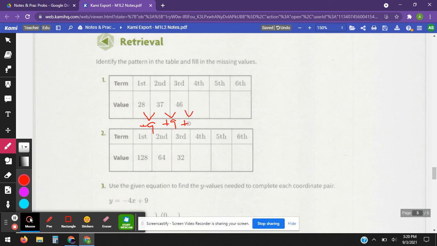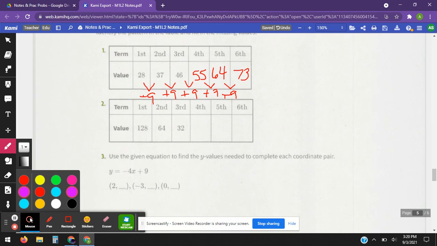So I'm going to do the same thing here. 46 plus 9 would be 55. And 55 plus 9 would be 64. And 64 plus 9 would be 73. So I was able to fill that one in. Let's do the next one.